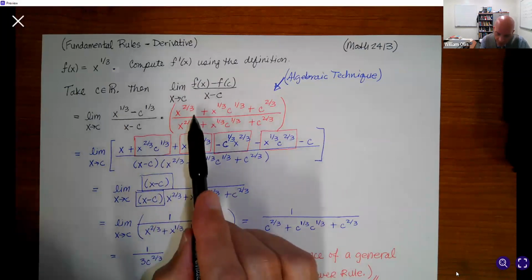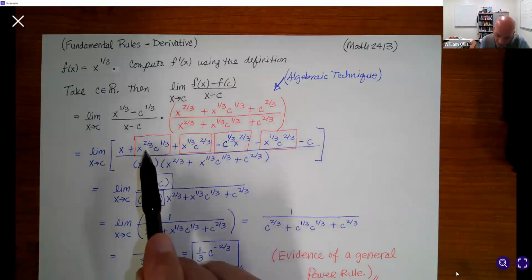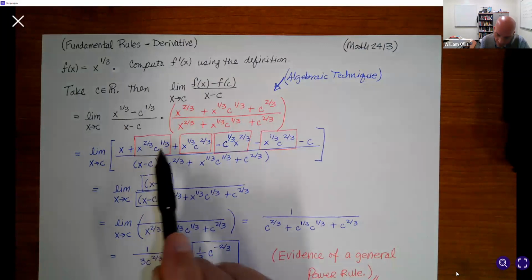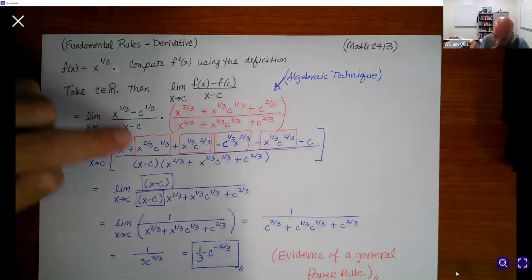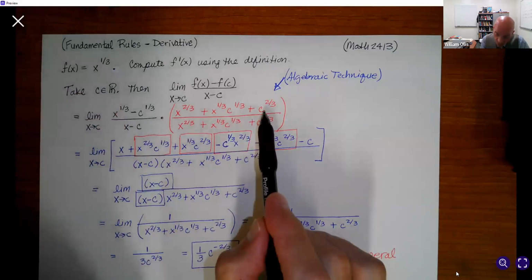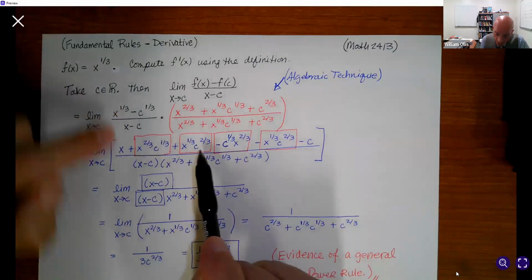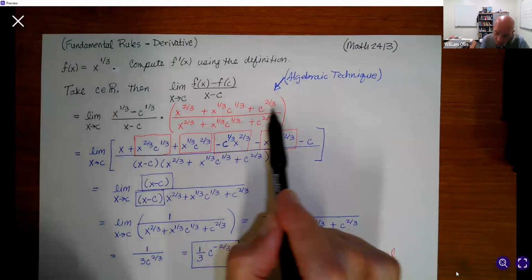So what I've done here, and it's kind of interesting, if you look at this part here, as we multiply by this, the 1/3 and 1/3 add and give us X to the 2/3, C to the 1/3. Then we move to here, then we have X to the 1/3, C to the 2/3. That is hitting the X to the 1/3 with these three terms.